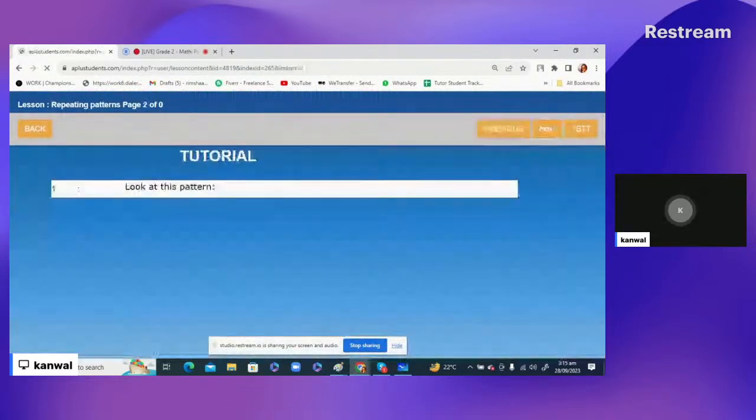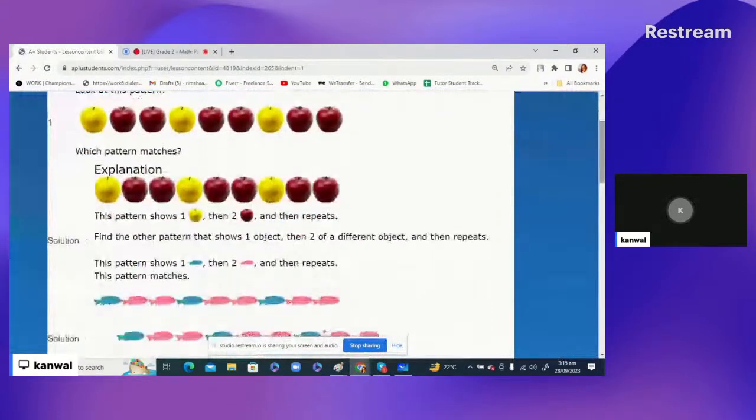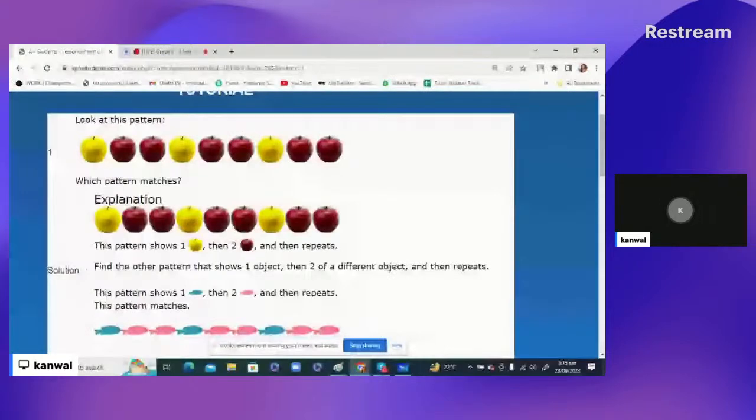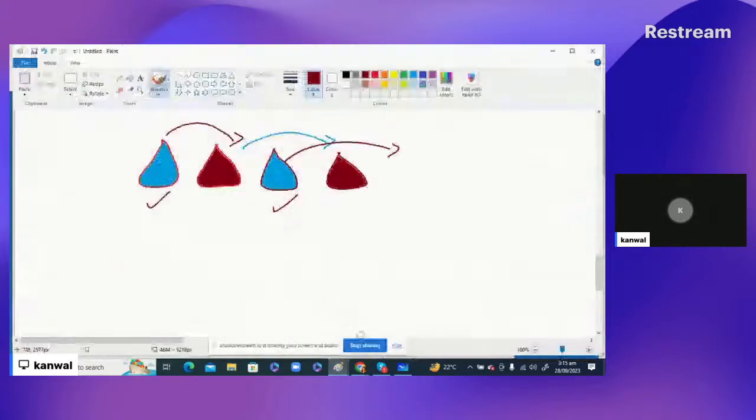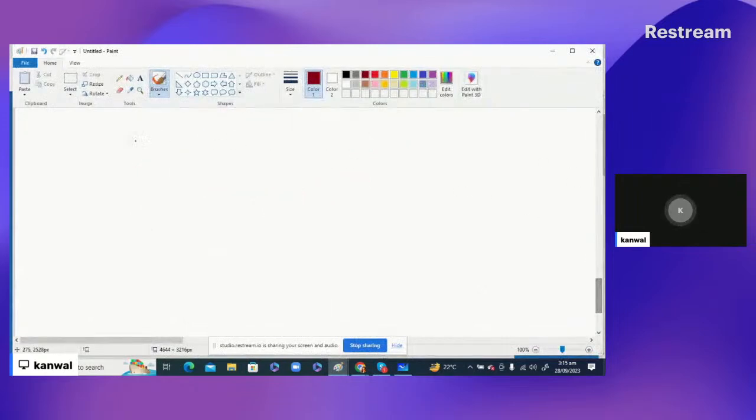Now let's do some next examples. Look here. Again two patterns repeat. First apple is a yellow color. Then the next two are red. One yellow, two red. Here the pattern is one yellow and then two red.